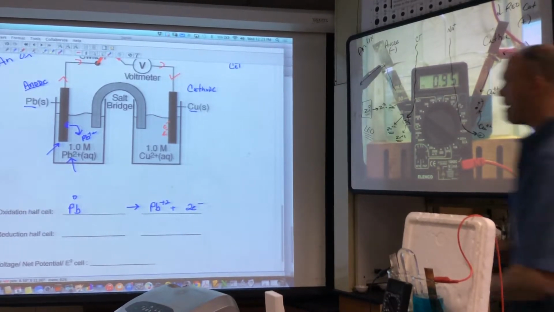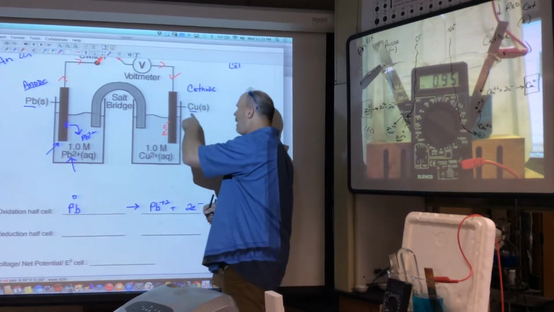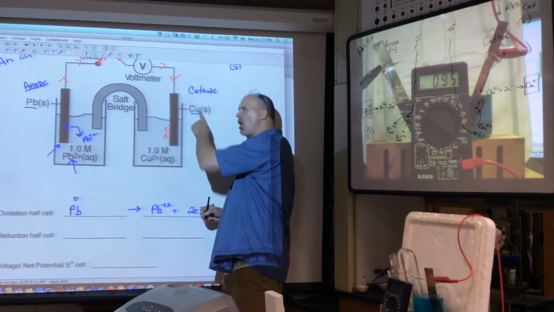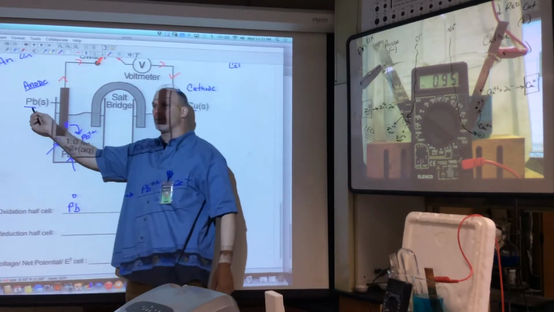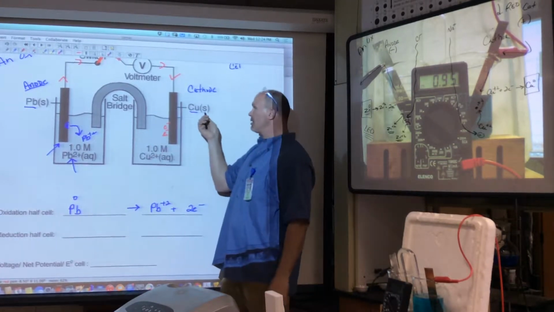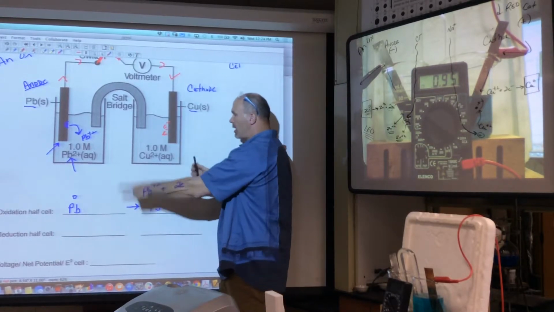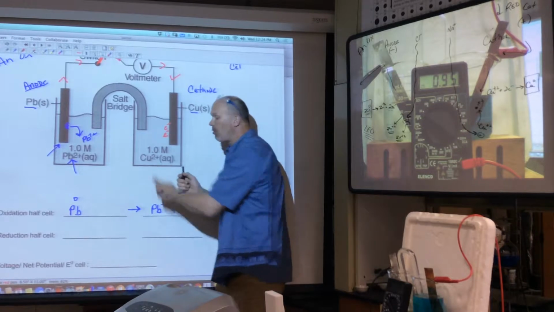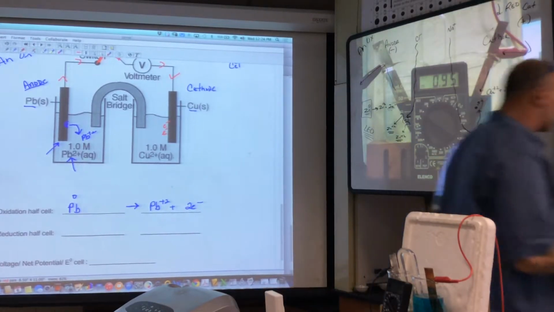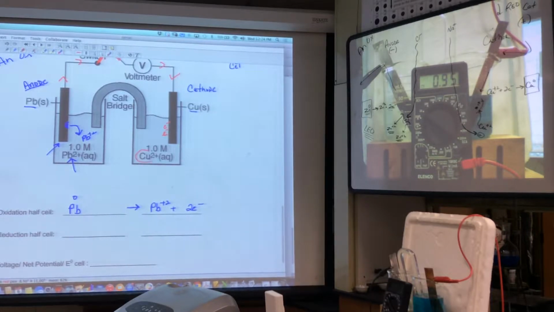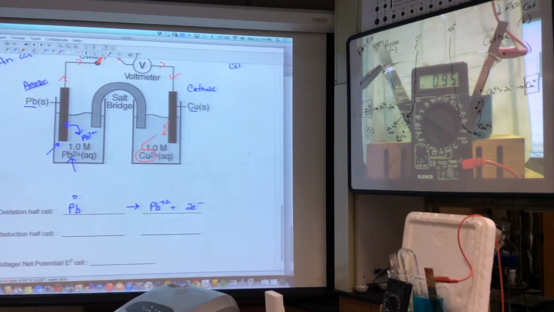Now, here's the mistake people make. Can copper solid, copper 0, ever get reduced? No. Standalone metals can only what? Oxidize. So this is not going to reduce. It's just going to be the place where reduction occurs. It's actually going to be the copper plus 2 ion that's involved, just like our Daniell cell. So the copper plus 2 is going to grab these 2 electrons.